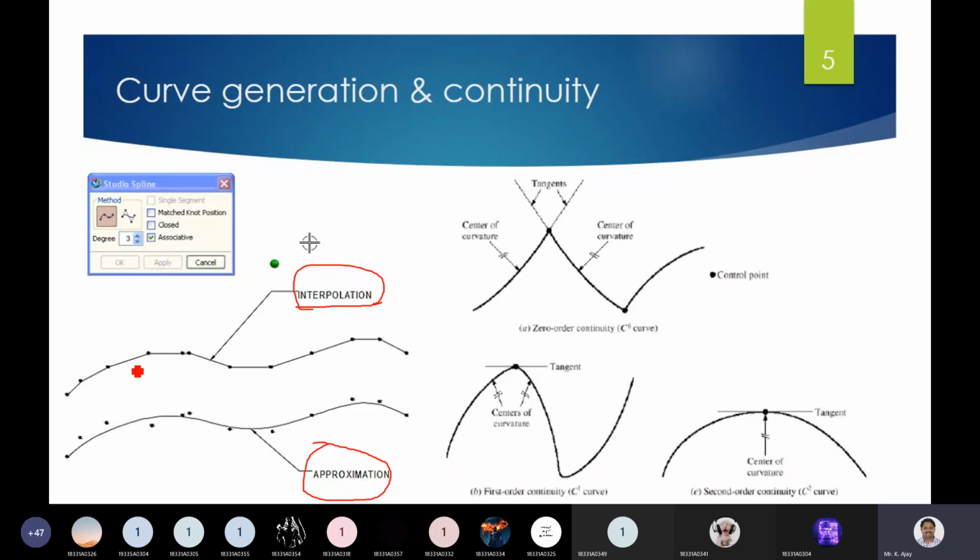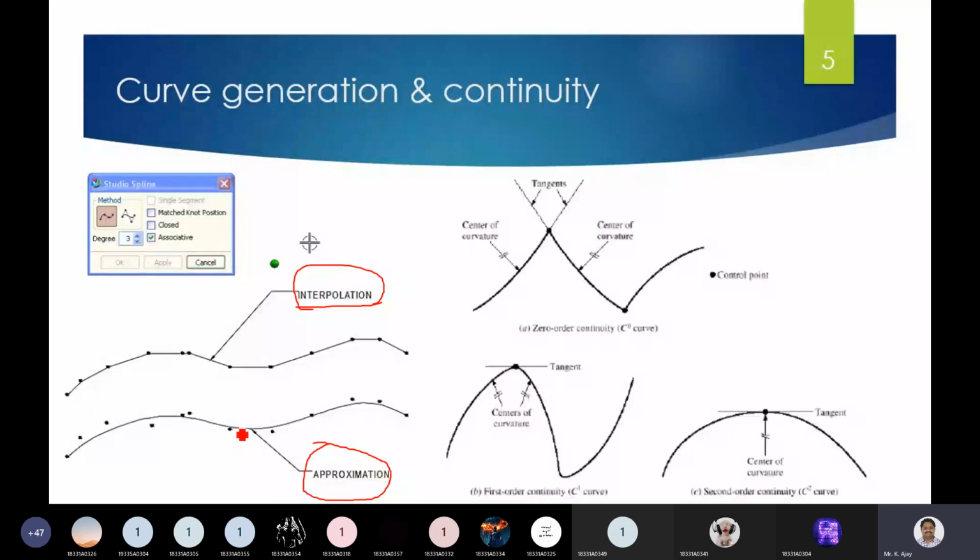Interpolation means the overall final synthetic curve passes through each and every control point. Look at the curve here. The overall curve never misses any control point. Just like how you create a spline in AutoCAD, it passes through each and every control point, right? So such a spline is based on interpolation.